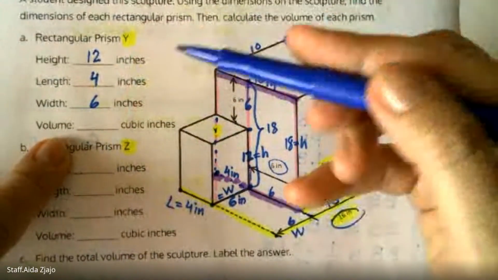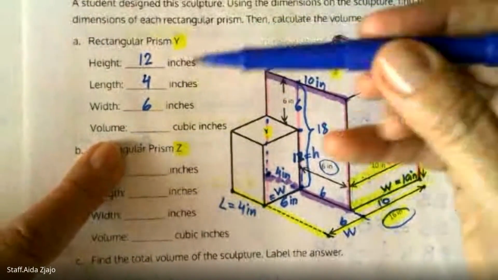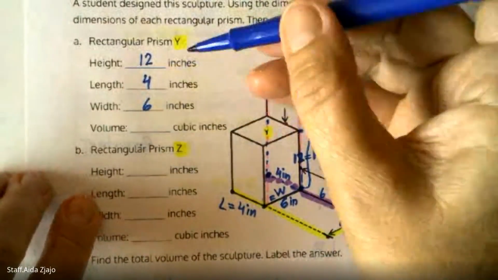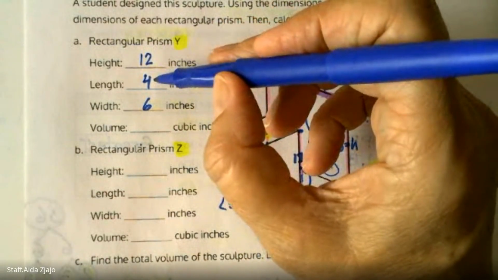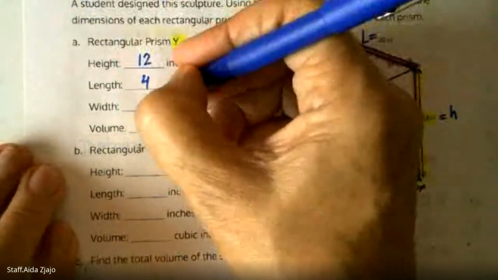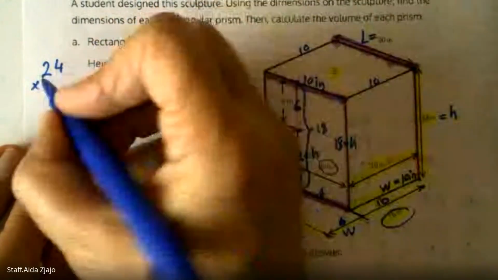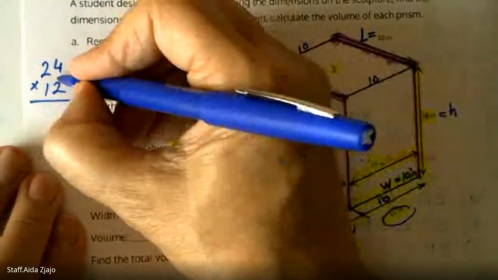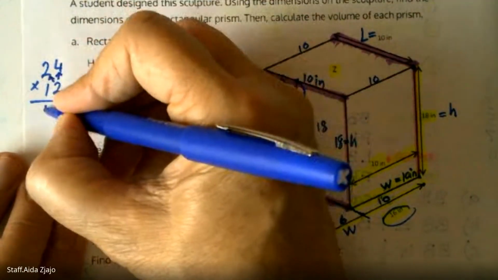And for the volume, now I just need to multiply all three values together. You can do it any way you want. You can do 12 times 4, get 48, times 6. Or you can do 6 times 4 is 24 and times 12. If we do the standard algorithm, 2 times 4 is 8. 2 times 2 is 4.